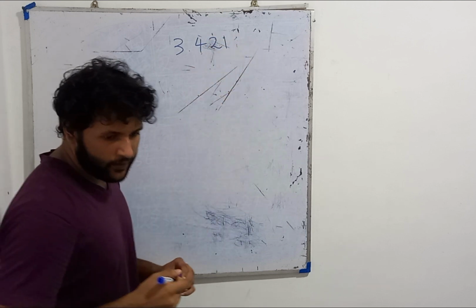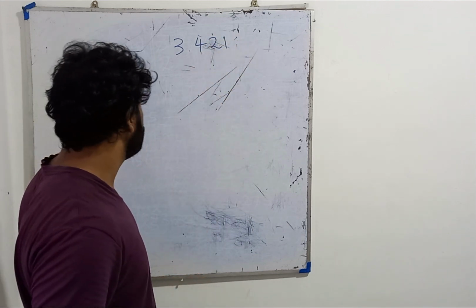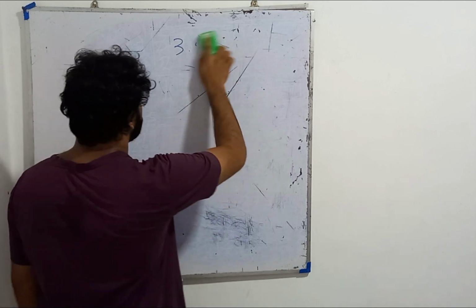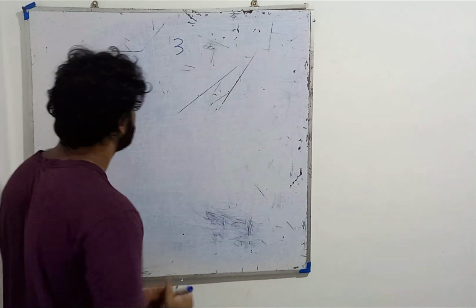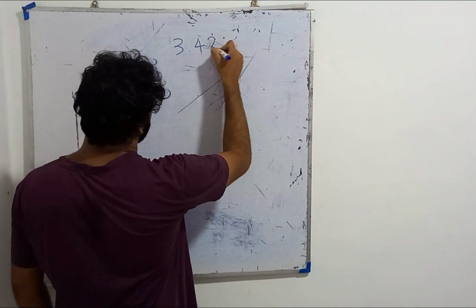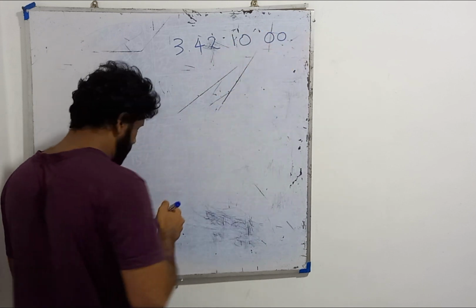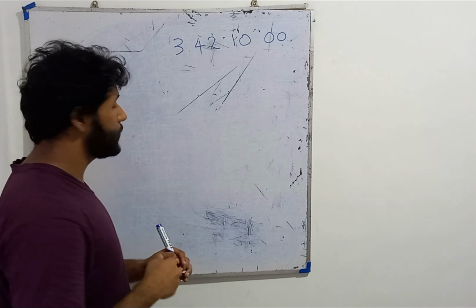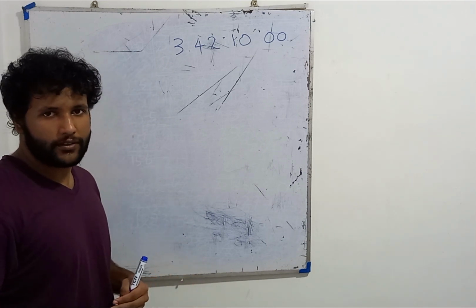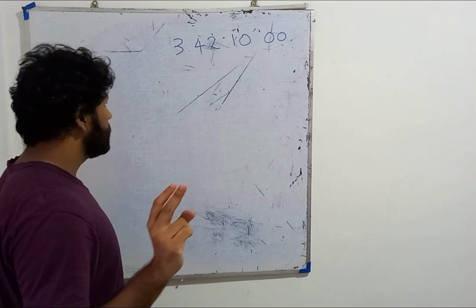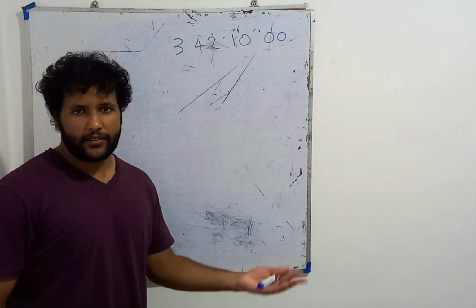3.421, right? Okay, then let's separate this. 3 is there, 4, 2 is there, then 1, 0 is there, and 0, 0. You have to find this to 3 decimal places, then approximate to 2 decimal places, just like we did in the previous question.